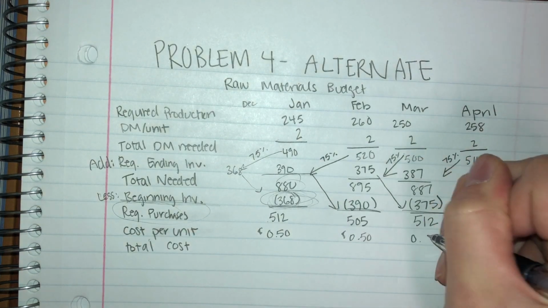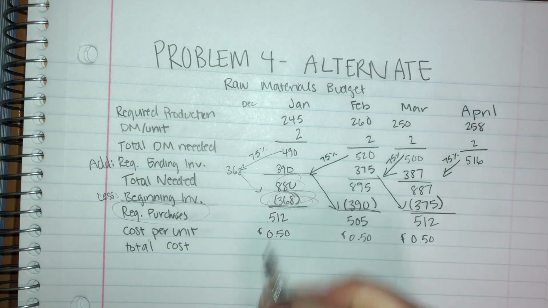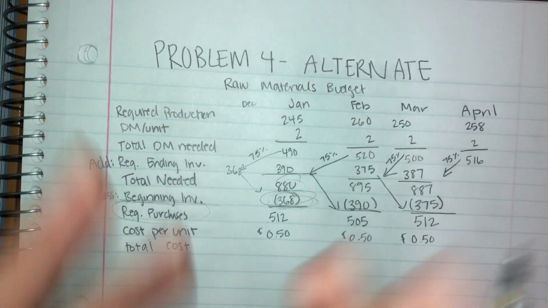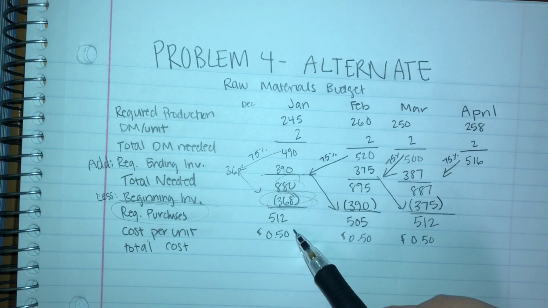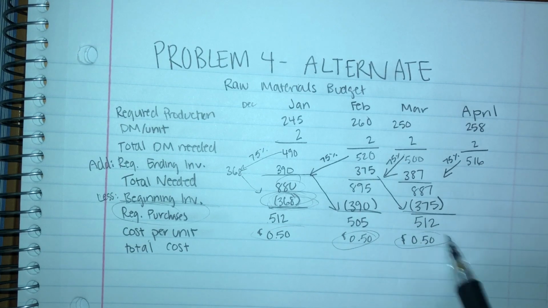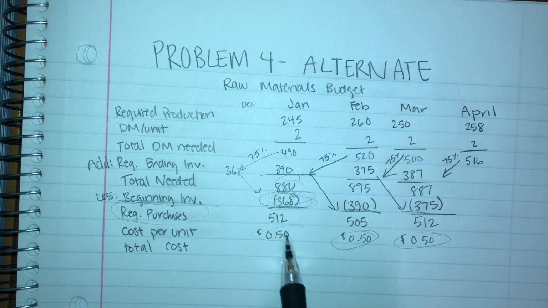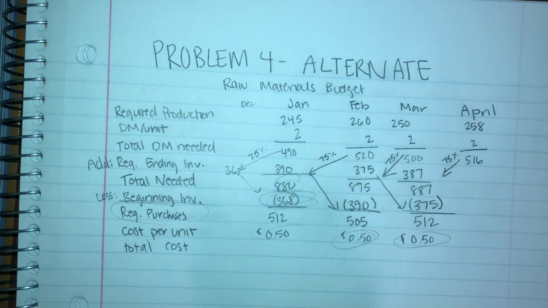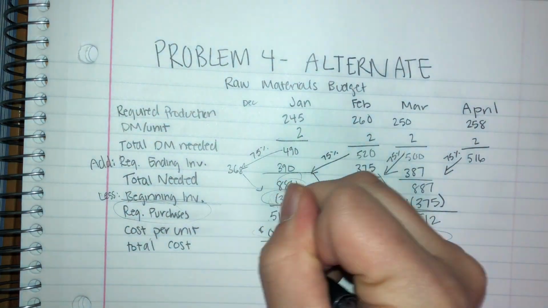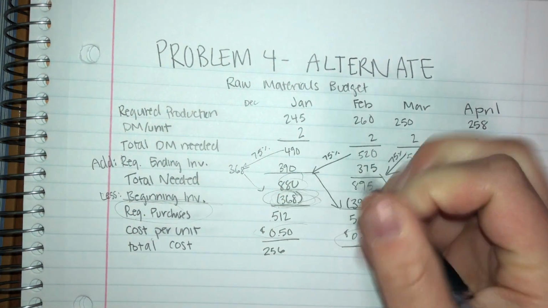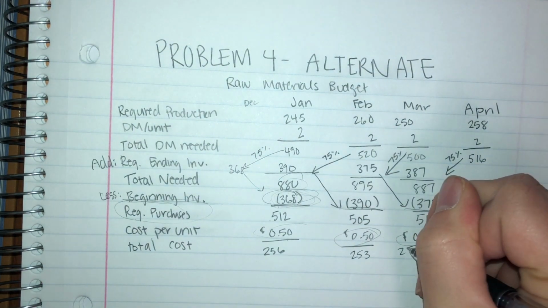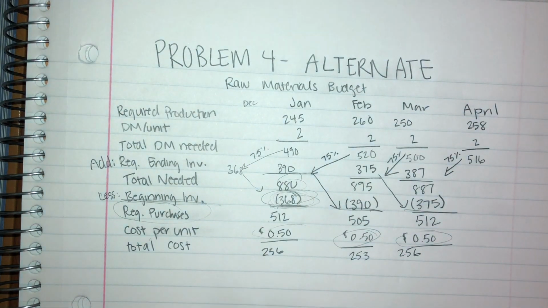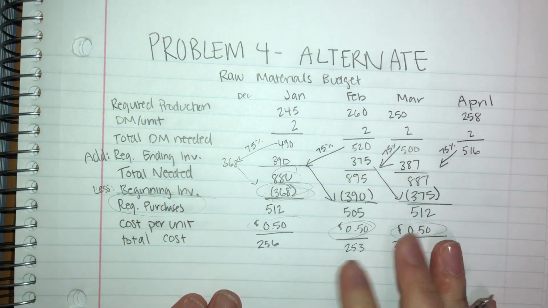So far we've only been dealing with how much rubber we need for the snow globes. Now what we're going to deal with is how much that is going to cost us. So we're going to multiply 50 cents times each one of these, and I get 256, 253, and 256 again. Okay, so that's our raw materials budget.